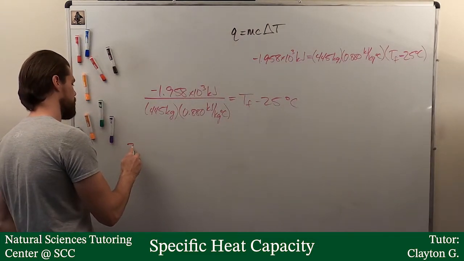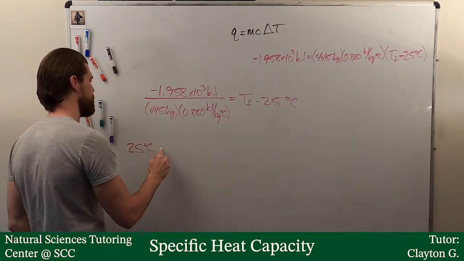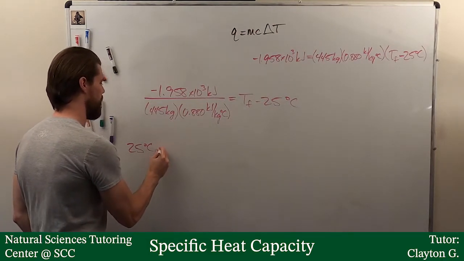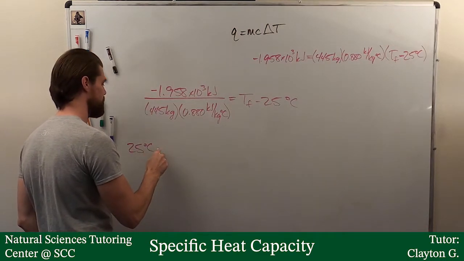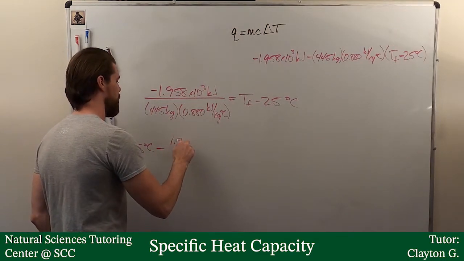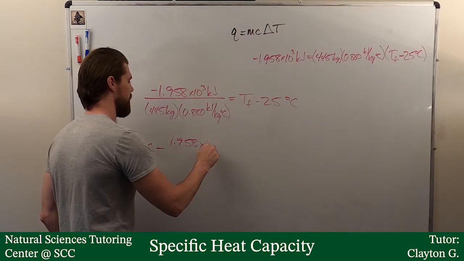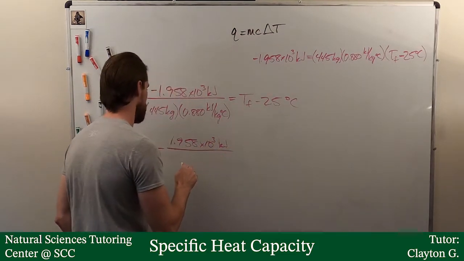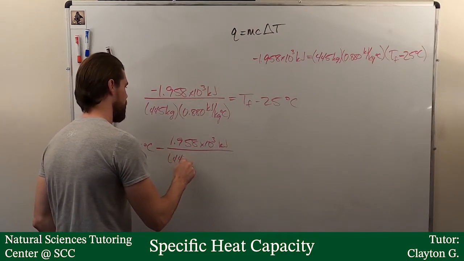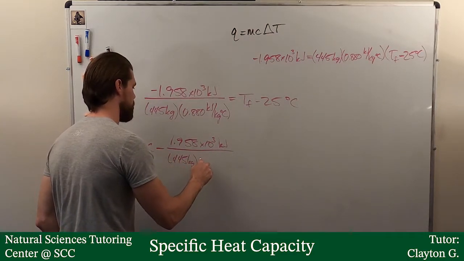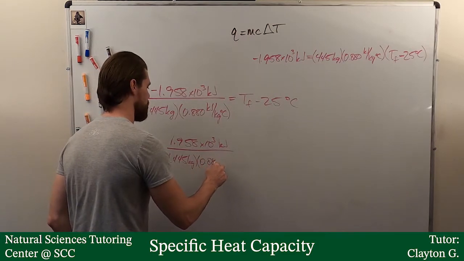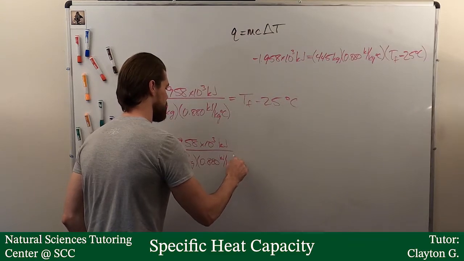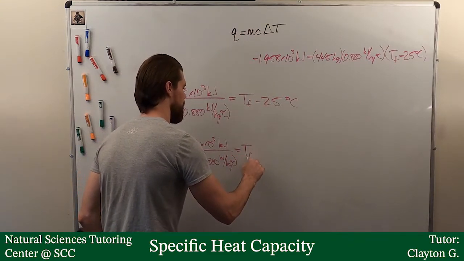So T final is going to be 25 degrees Celsius plus, well, actually, that is a negative, so minus 1.958 times 10 to the third kilojoules over the quantity of 445 kilograms times 0.880 kilojoules per kilogram degrees Celsius equals T final.